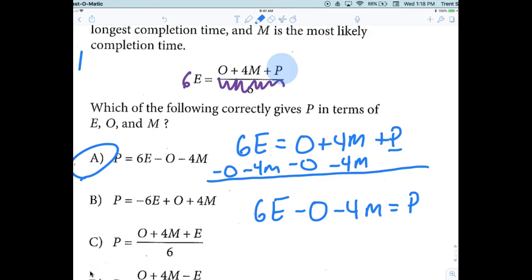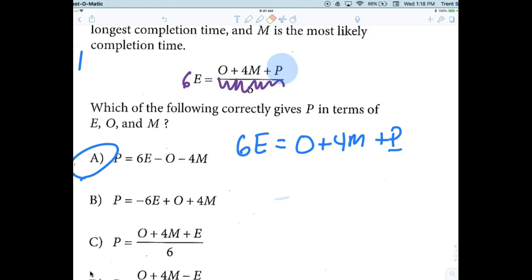Okay, so let me show you this right here. This will make it easy. That's where I'm at. Do you agree with that? Yeah. I'm trying to solve for P. Do you agree? Yeah. If I'm trying to solve for P, I have to move the others out of the way. So I'm going to pick these things up and I'm going to move this to this side.